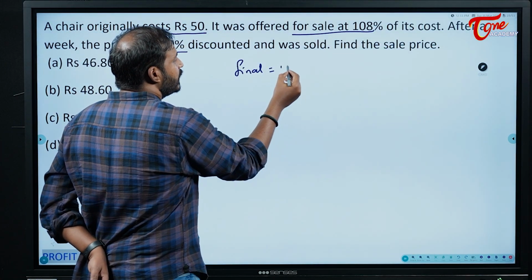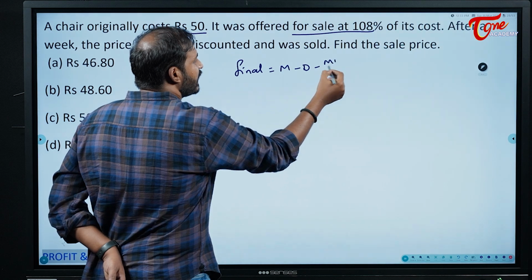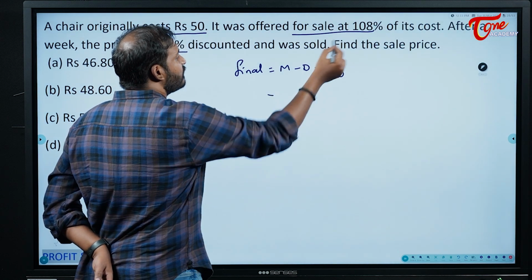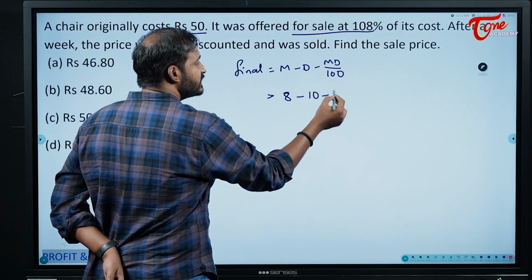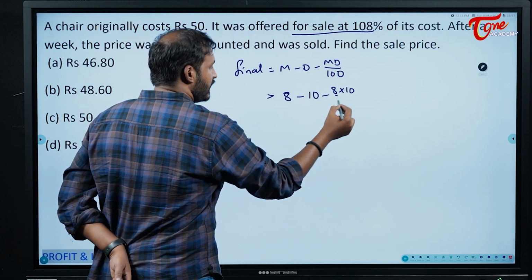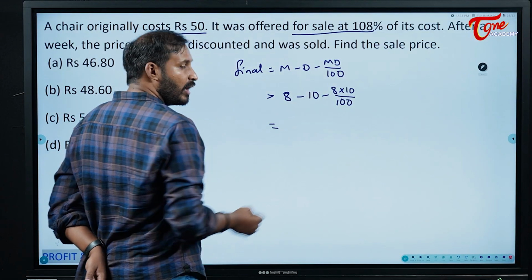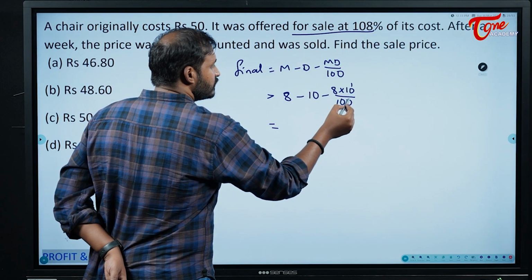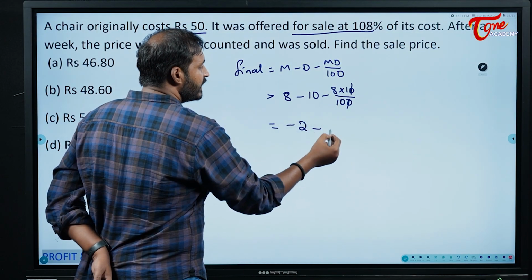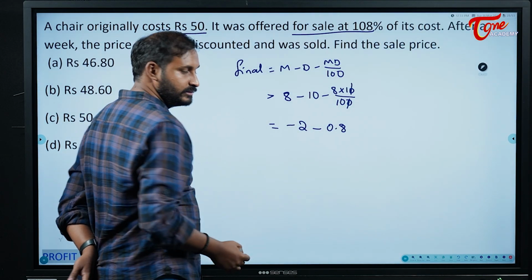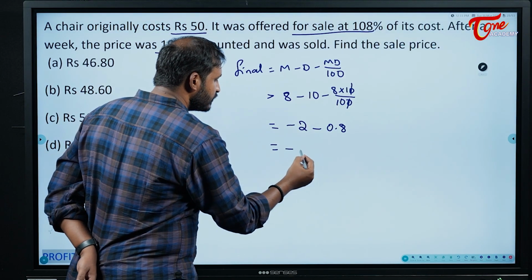Final is equal to M minus D minus MD by 100, we know. So how much it is marked up? 8%, minus how much it is discounted? 10%, minus 8 into 10 by 100. Now what happens to this? We will see. 0, 0 get cancelled. Here 8 minus 10, it will become minus 2, minus 8 by 10 means what? 0.8. So overall minus 2.8.